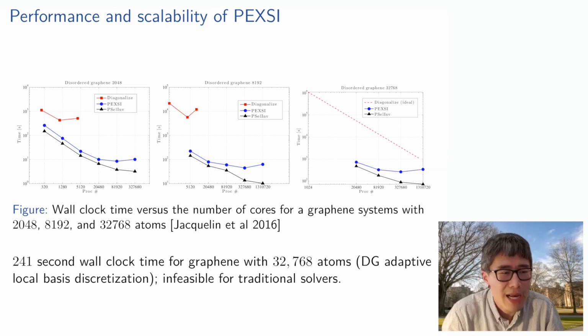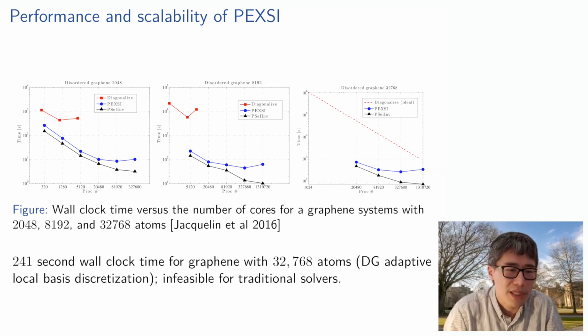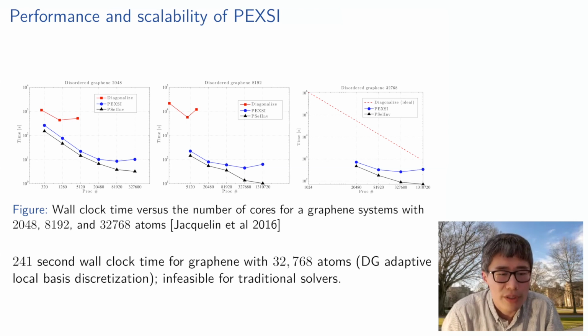It's highly parallelizable, so we can scale up to 300,000 processors at the same time without losing scalability. This example shows 30,000 atoms, but if you are willing to wait a week, we can even do calculations with 100,000 atoms without many difficulties. This opens the door to many more applications of these ab initio computational models.